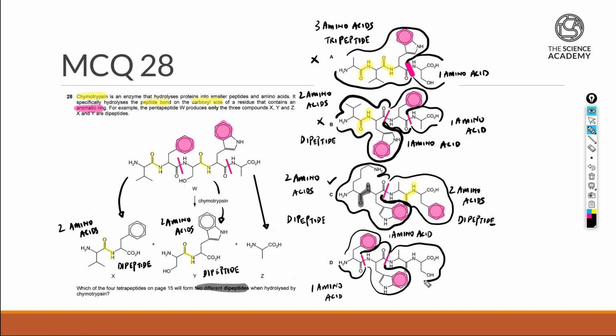But for the remaining, we do see that there is actually a peptide bond that's left behind. So this is 2 amino acid, and there's a presence of 1 single dipeptide, which is not what the question actually intended. So in this case here, C is the correct answer.